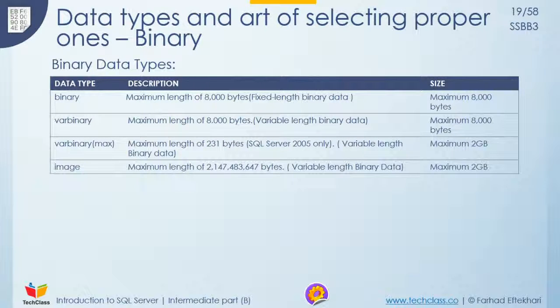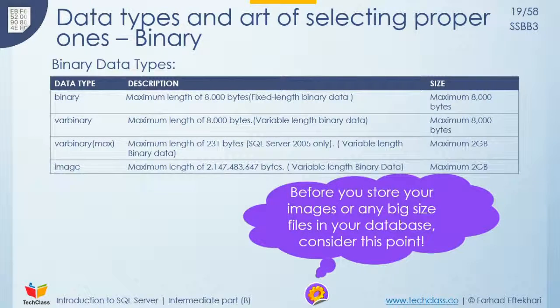By using this data type, you may store so much information and make your database size very large. Store your files on your web server, and maybe keep the URL and a link to your file in your database, and then you can easily point them together and use your file like this.